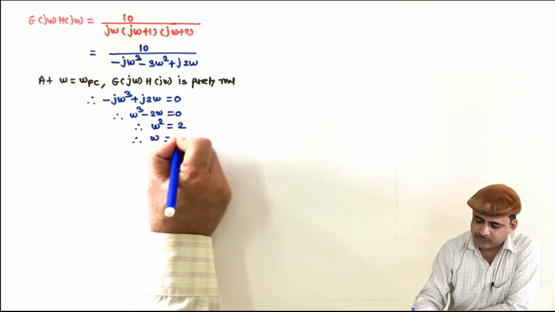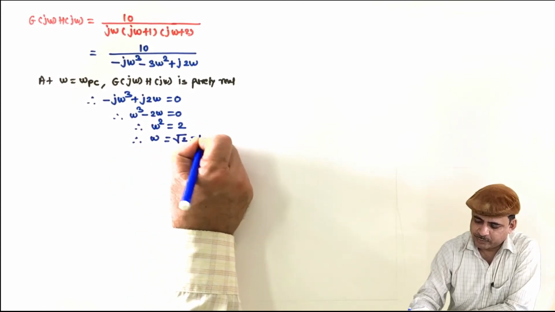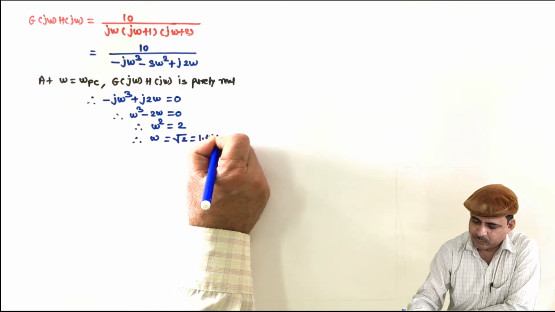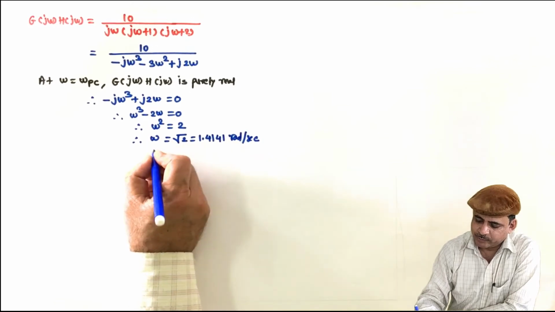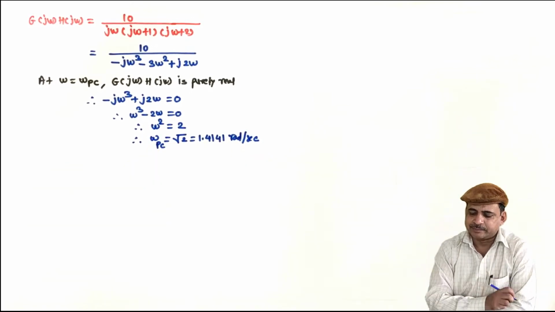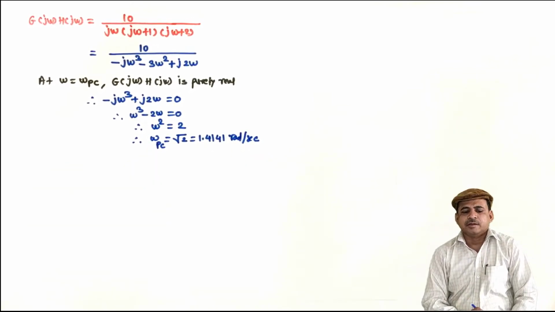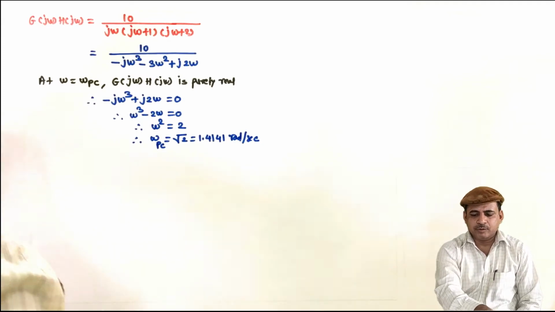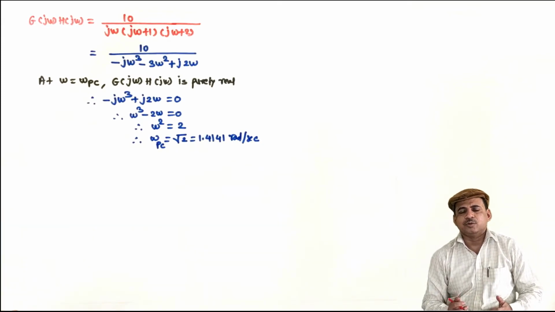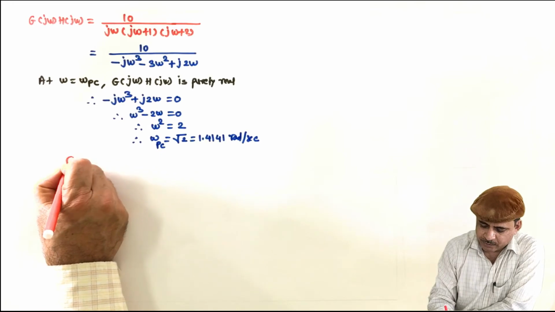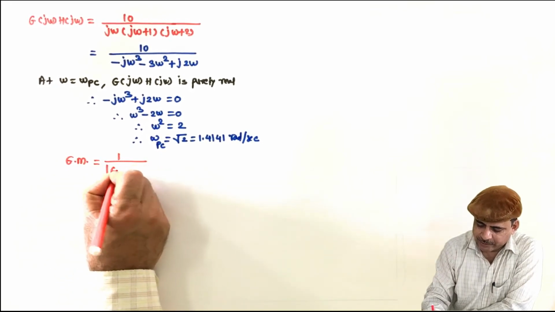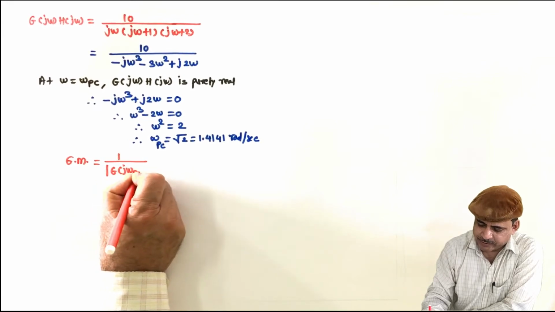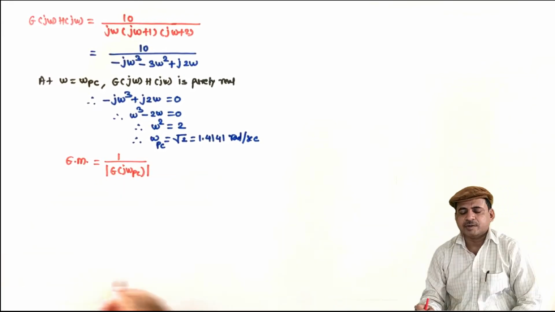So omega is equal to root 2, that is 1.4141 radian per second. And this omega is equal to omega pc. So we know that gain margin is equal to 1 upon the magnitude of g of j omega pc.